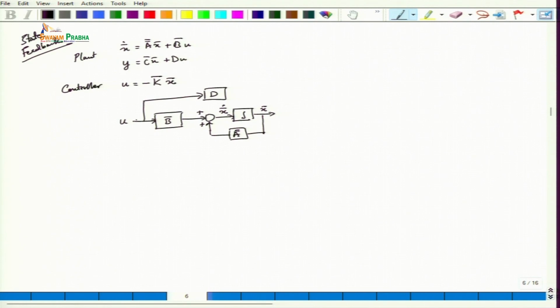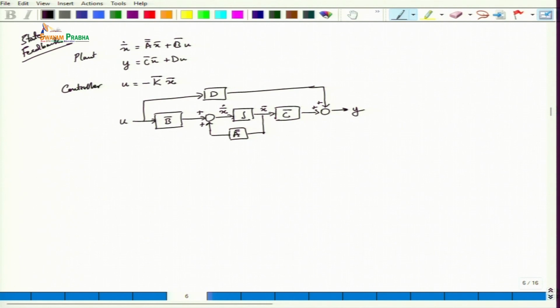And for the output equation, we already have D into U, we need C into X. So we take C into X, and that is added to a summer, and based on this we get the output Y.